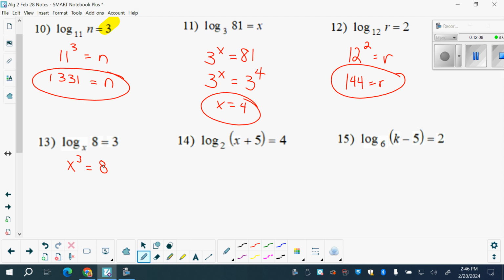Could we make this 8 something to the 3rd? Is some number to the 3rd equal 8? Yes, it would be 2. You may have to play with a calculator to figure out what that is. So this time we can get the exponents the same, so that we know that our x is equal to 2. Does that make sense?